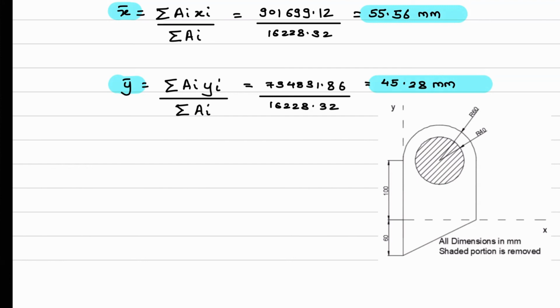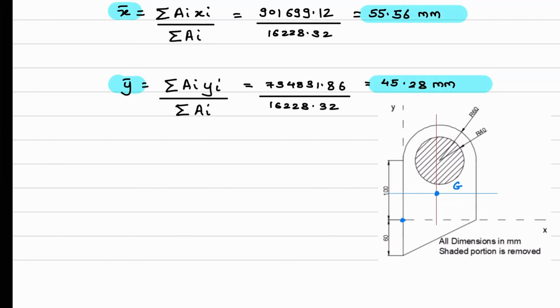So we'll draw that, and Y distance, total is 100 and this will be 50 and we have 45, so somewhere over here you have to mark. So this point is centroid.